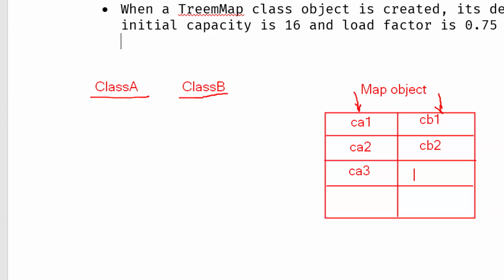CB means class B object. I want to store class A objects as keys and class B objects as values. So can you tell me, in which class should I override the equals method and hash code method, in class A or in class B?